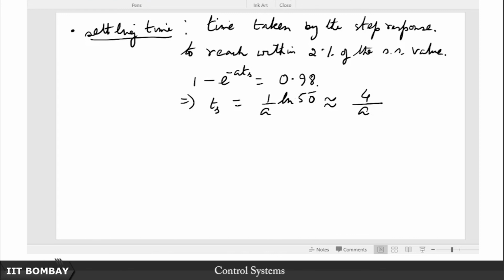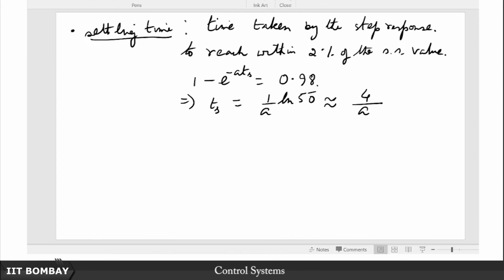But the key message to be taken home from all of this is that all of these parameters, the settling time, the rise time, the time constant, are all inversely proportional to a, which tells you that the smaller the value of your a is, the more sluggish your first order response is going to be by whichever metric you analyze it, whether it's the settling time, the rise time, or the time constant, okay. So hopefully with that we've understood what we are trying to play at.